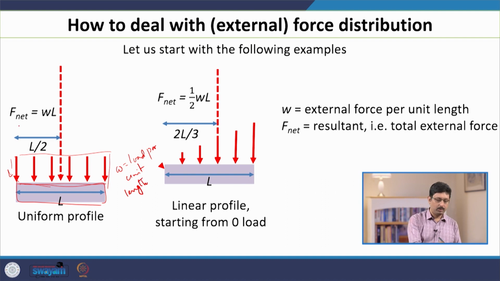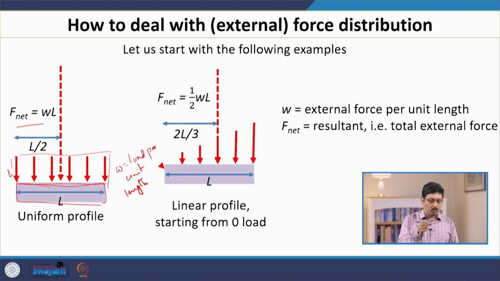So the total force must be W times L. Remember this W is force per unit length, so it is force per unit length times length. Dimensionally it makes sense that W times L has a dimension of force, which represents the total force.